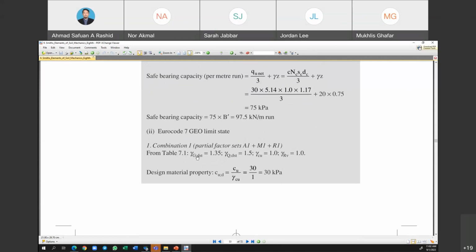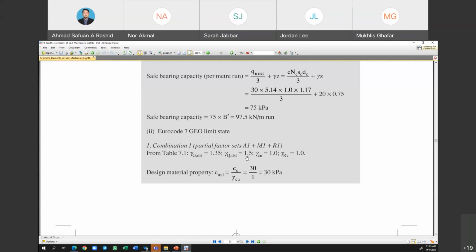From the table, we use the unfavorable because we consider it a failure condition. So we set 1.35 for the permanent, and for the variable it will be 1.5.